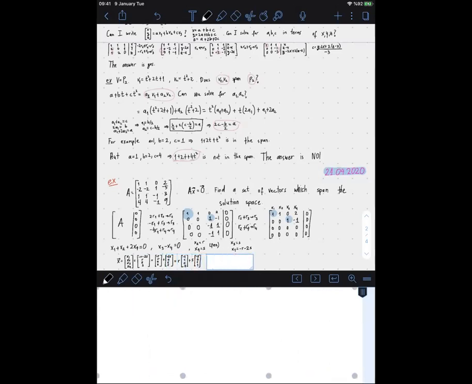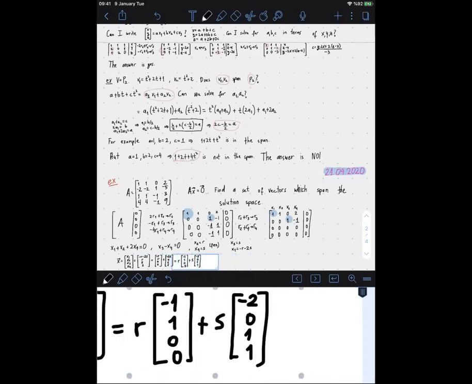We found the vectors which span the solution space. This vector, minus 1, 1, 0, 0, and this vector, minus 2, 0, 1, 1, span the solution space, because I can write any solution as this vector times a number plus this vector times a number. This is the definition of span. So these two vectors span the solution space.